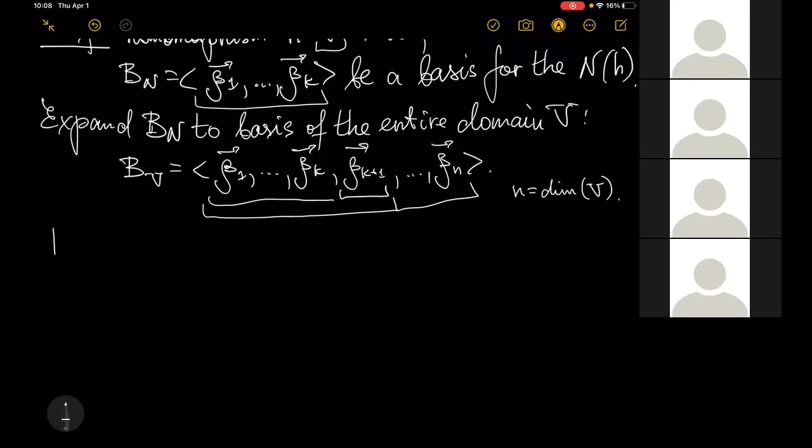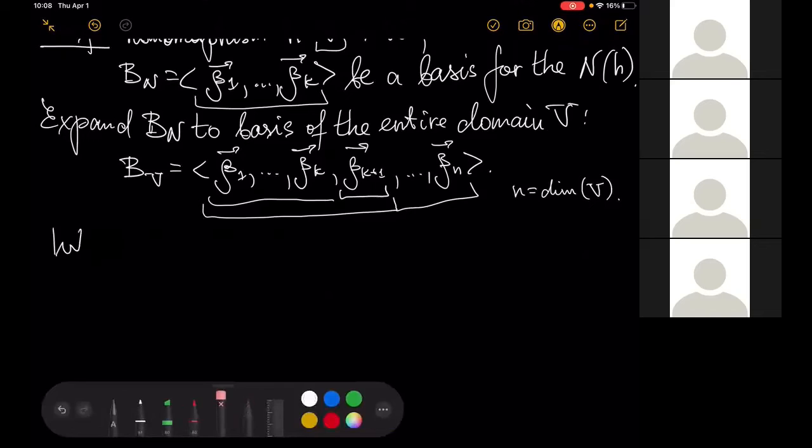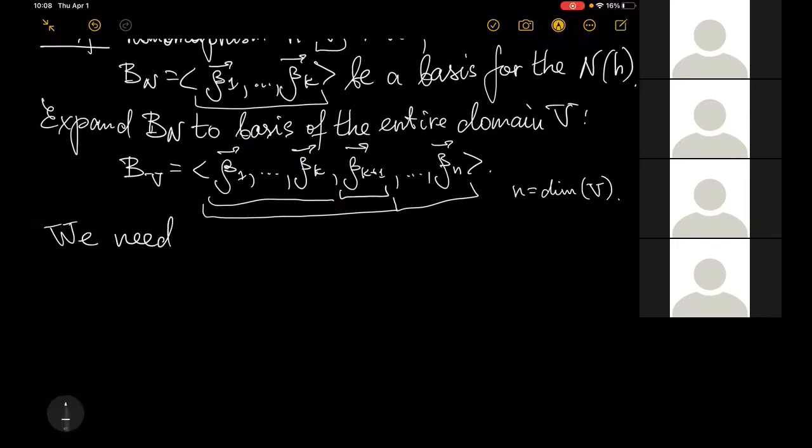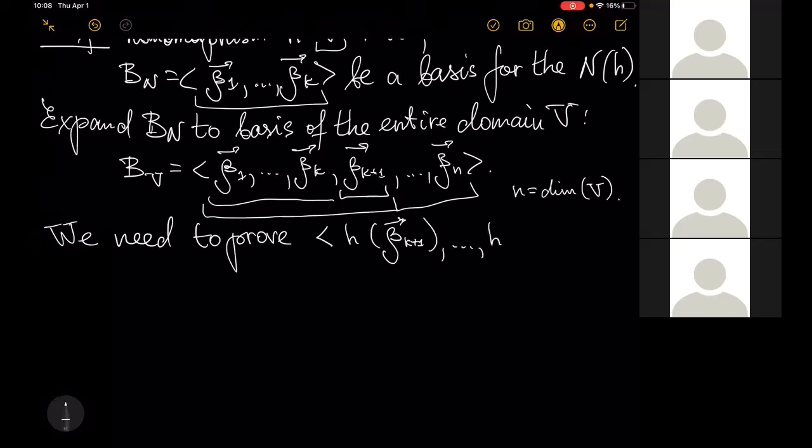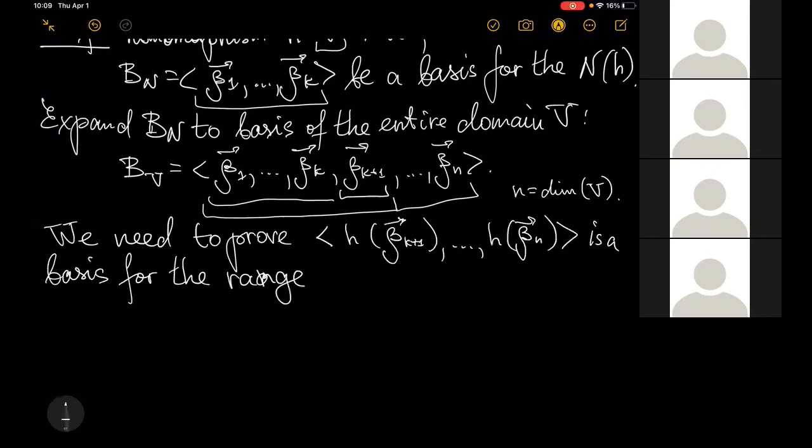So now we need to prove that H of beta k plus 1, ..., H of beta n is a basis for the range space.